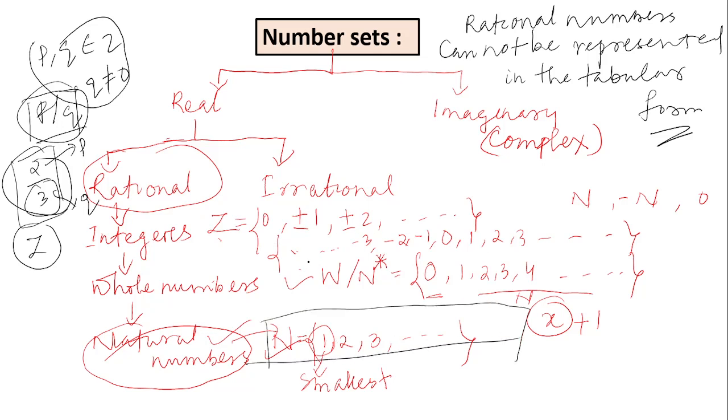Roster means list form. We also represented whole numbers in the roster form. Again, we also represented integers in the roster form. But we cannot represent rational numbers in the roster form. We can only represent rational numbers in the set builder method. How can we write that?